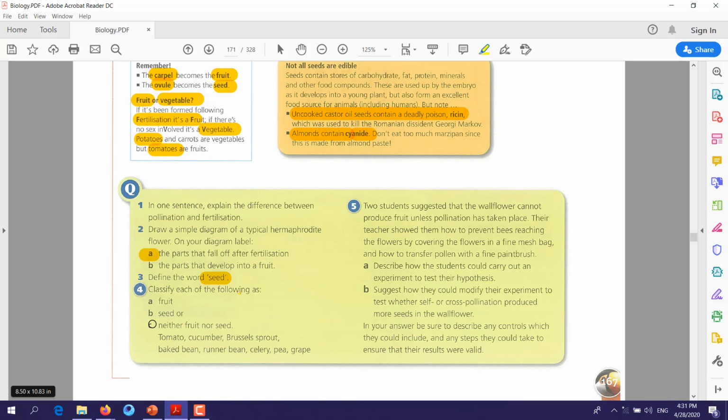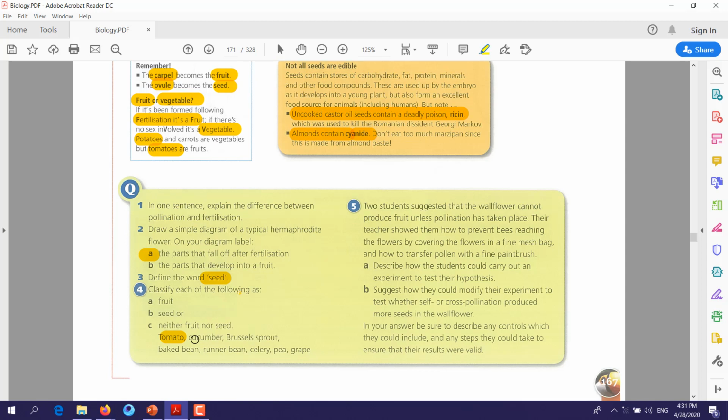If we start with the first one, tomato. How will we know if it's fruit or seed, or neither? Let's start describing tomato, how it is.